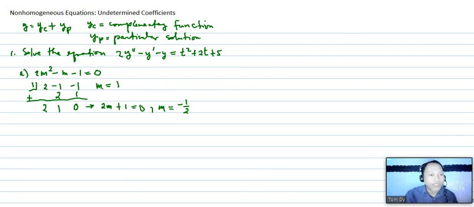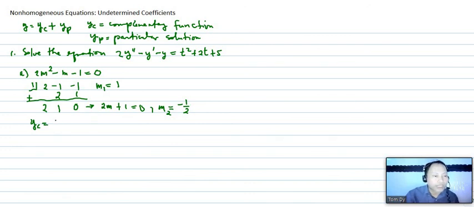So we have two values of m: m sub 1 and m sub 2. Once we determine our roots, we have our complementary function y sub c. This is an auxiliary equation with distinct roots, 1 and negative 1/2.